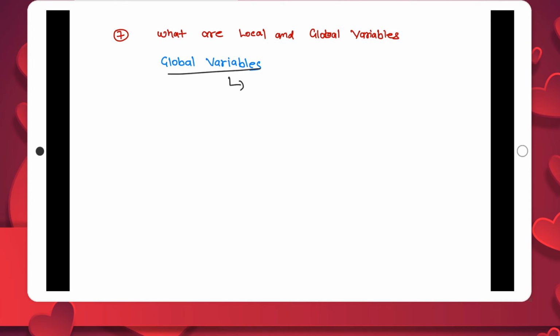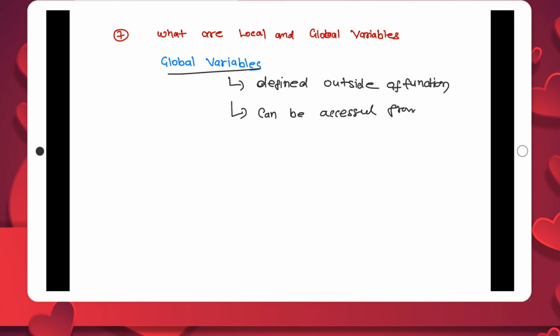So the two basic properties of global variables: it is defined outside of a function, and it can be accessed from anywhere. That means any program can access it.